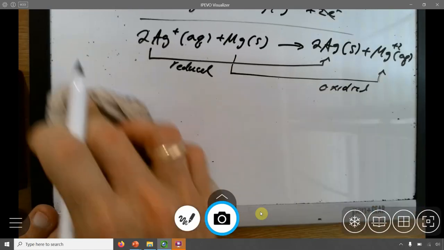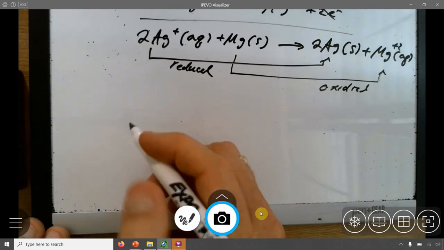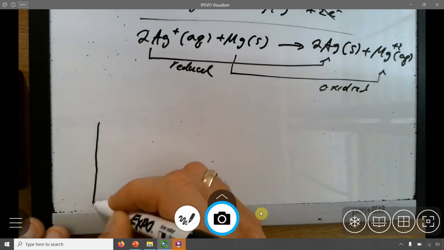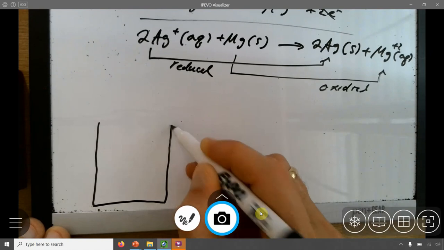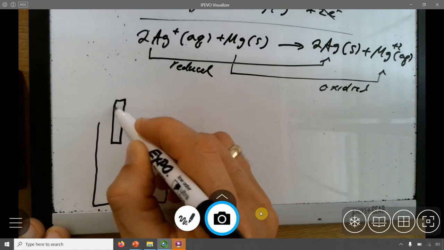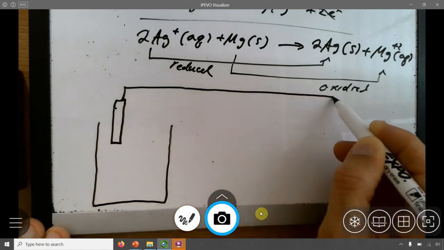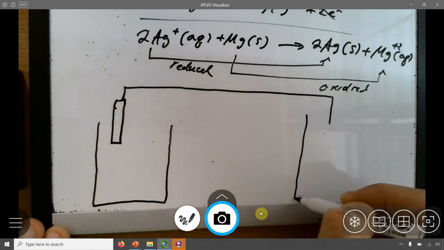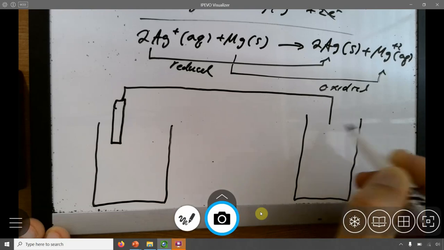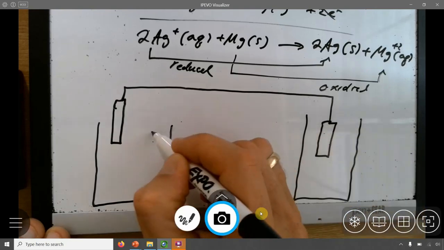Let me draw the most general thing, and then afterwards we will fill it out. I'm going to draw just the most general cell possible, without the identity of anything being provided.